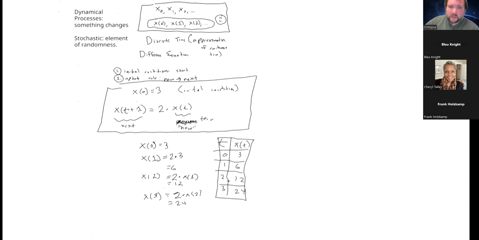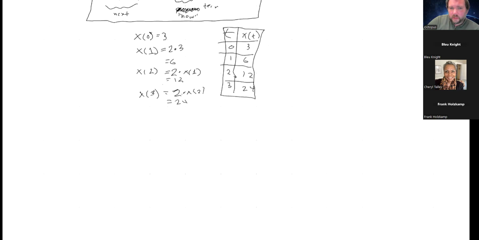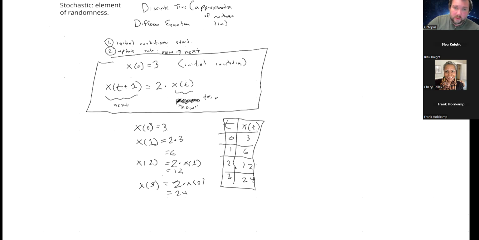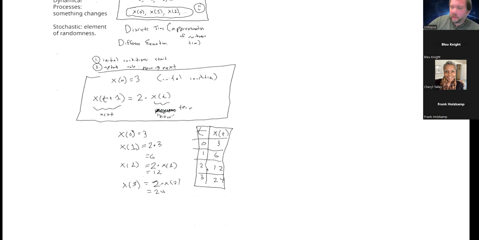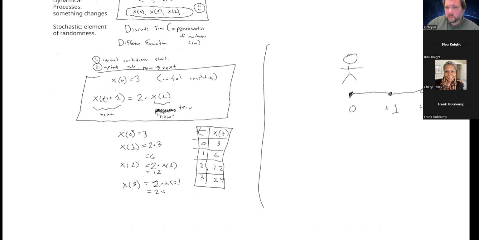So let's look at the scenario of what's called sometimes the random walk, or sometimes called the drunkard's walk in older literature, where we have a person who's standing at 0 initially, and then every time step they flip a coin, and if the coin is heads, they move to the right, and if the coin is tails, they move to the left. And so we can track the trajectory of this person.